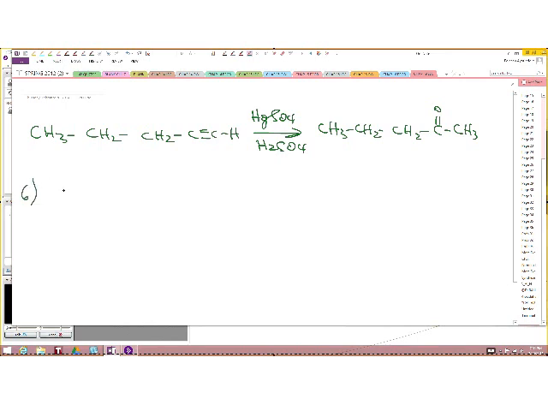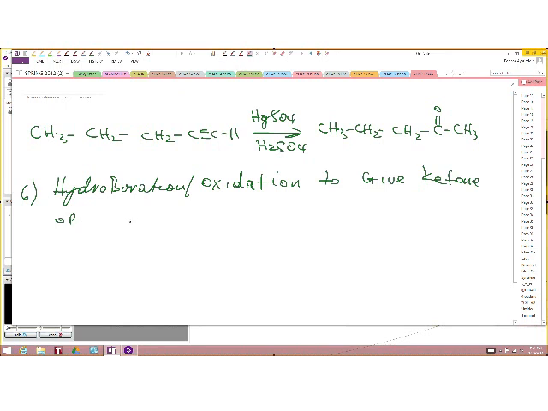Now, hydroboration oxidation will also react with a carbon-carbon triple bond to give a ketone or aldehyde.